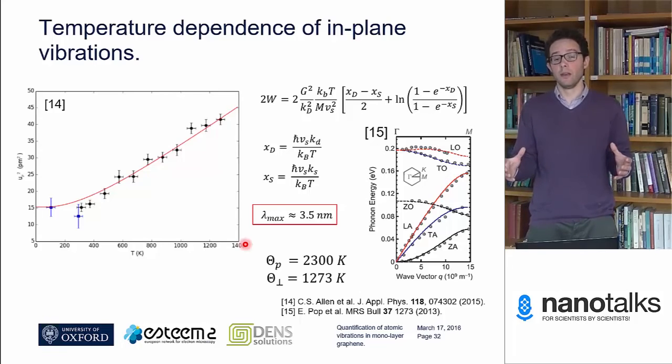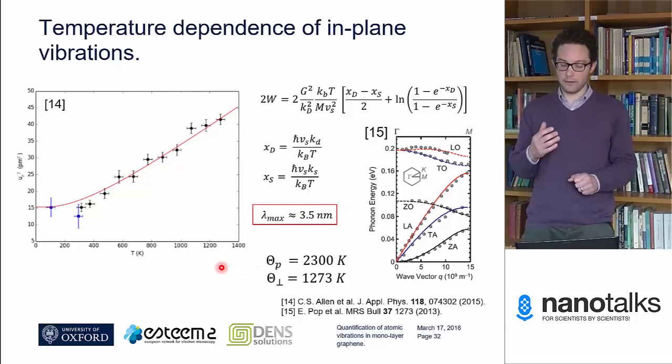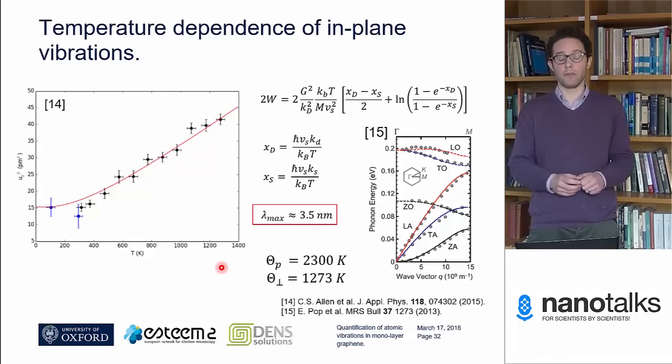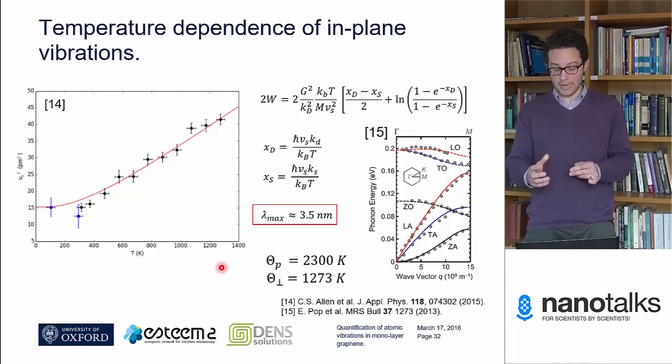We also know that our crystallite size is certainly at least tens of microns, if not hundreds of microns. So exactly why we're extracting such a small number for the maximum phonon wavelength that our crystal can support is the subject of continuing research.